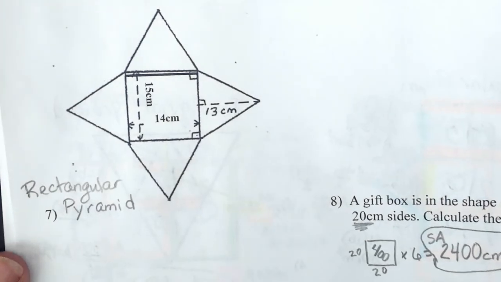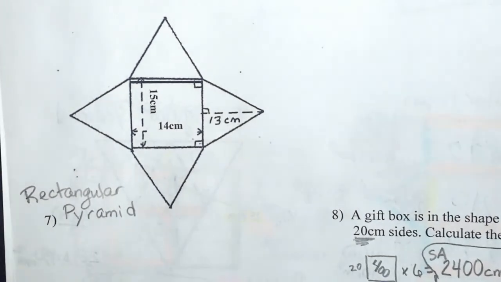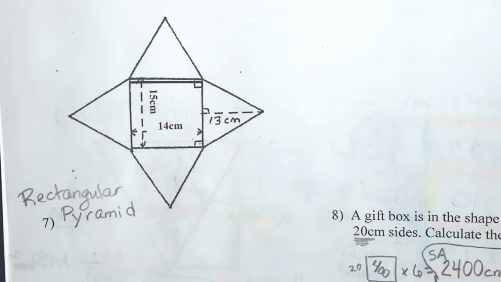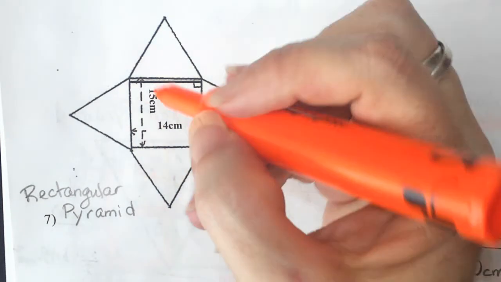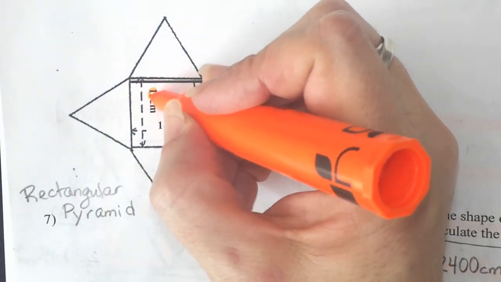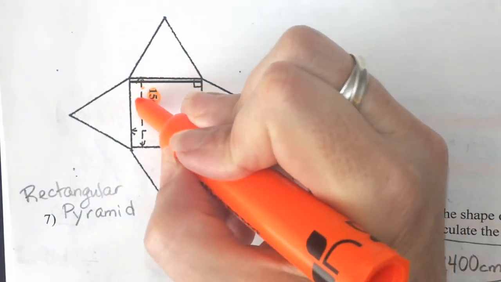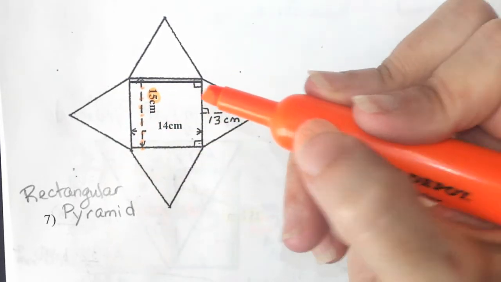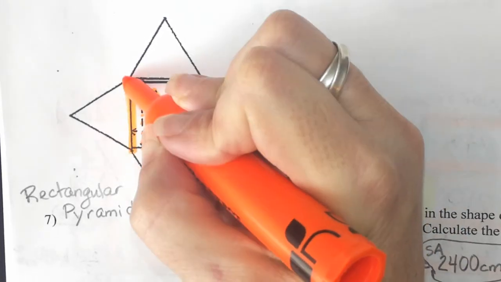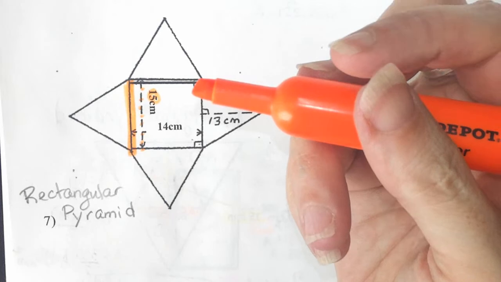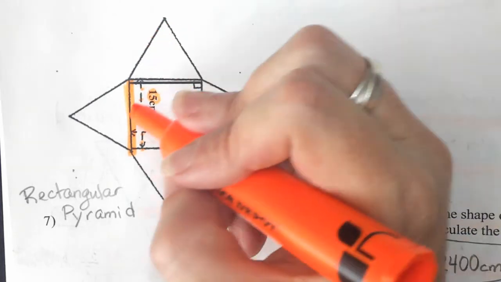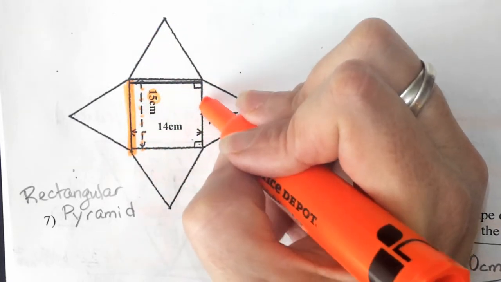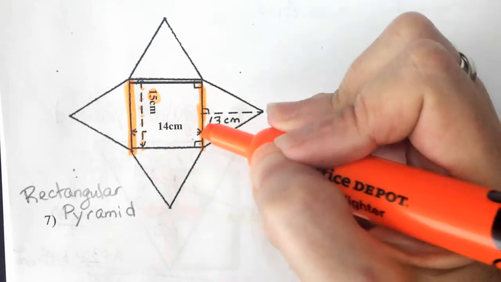Okay, I need you to watch because this one is drawn correctly, but I'm scared you're going to put the numbers in the wrong place. Okay, this 15 is this line, which means this wall. And the opposite wall would be 15.